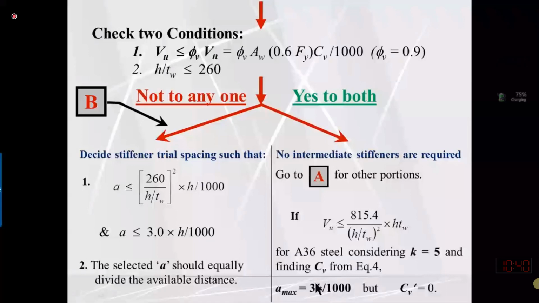But if this condition doesn't satisfy, capacity of the web without stiffener is less than applied shear, then we need intermediate stiffener. So we are having the two formulas for maximum spacing of stiffener. So first we will try to provide the stiffener at maximum spacing. These two formulas we are already familiar with.